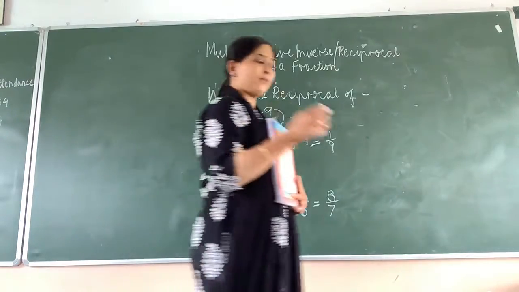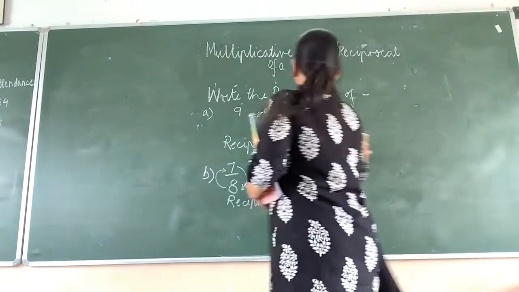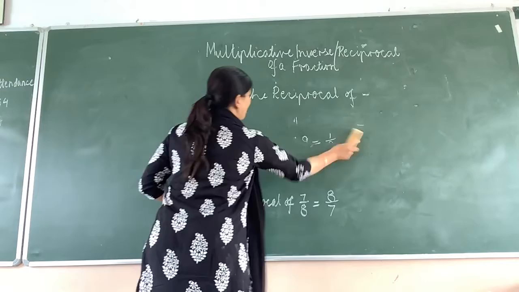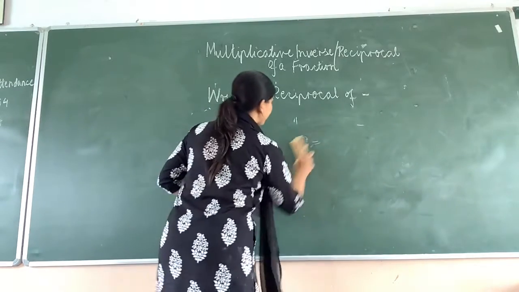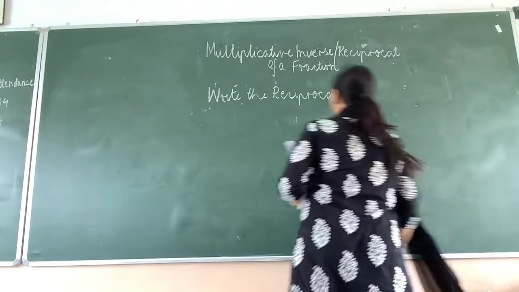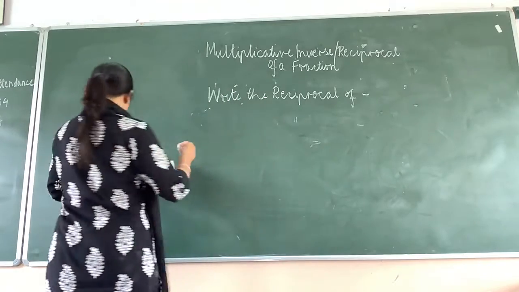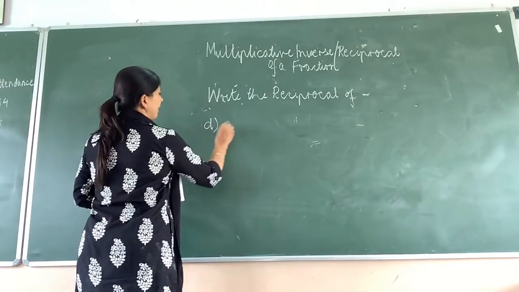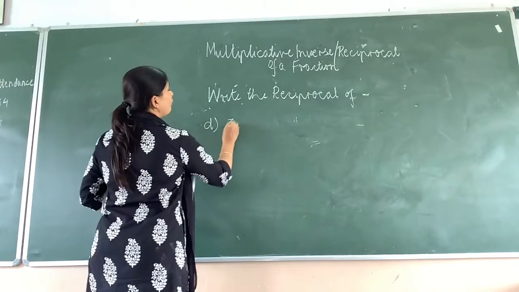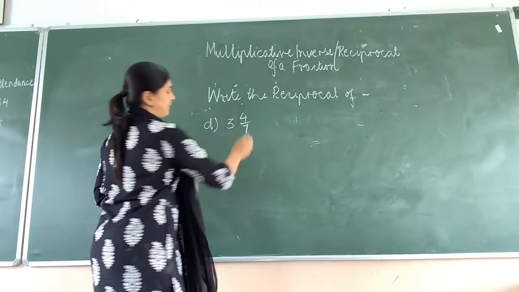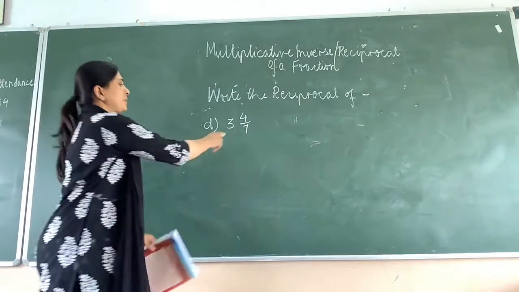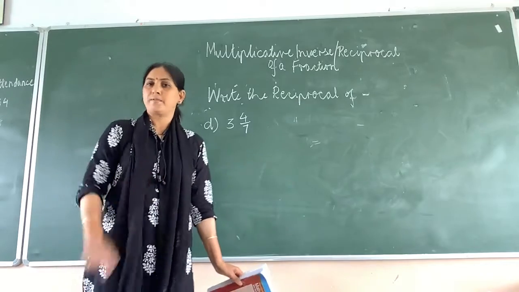Now if a mixed fraction is given to you and we have to find its reciprocal, what will we do? Let's see. Suppose I take an example from the book only, D1, 3 and 4 over 7. Now here, 3 and 4 over 7 is a mixed number or a mixed fraction.